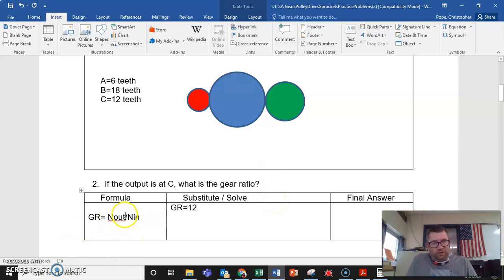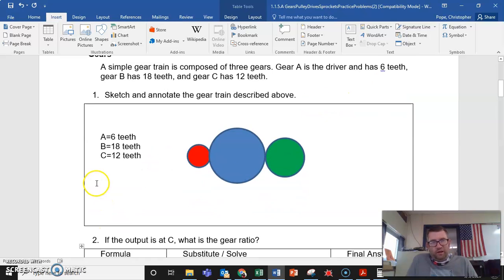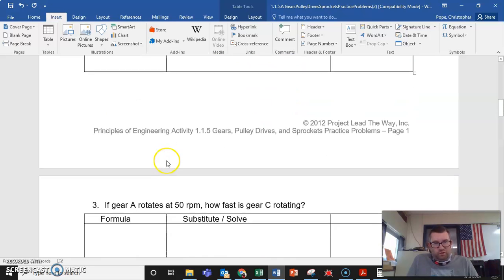And my number of teeth in, I look up here, what's my driver gear? That's A. So my number of teeth in is 6 teeth. 12 divided by 6, my final answer: gear ratio equals 2 to 1. Or if you just want to say 2, the 1 is assumed.